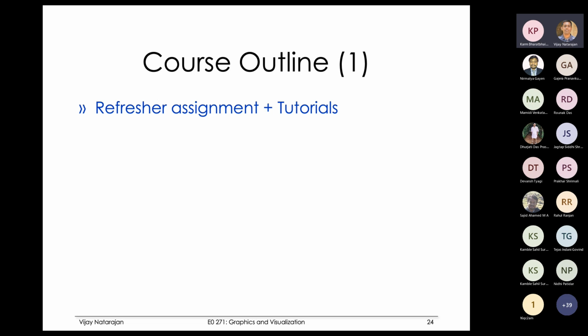In order to simultaneously cover the foundations as well as doing things, in order to learn, we will start from next week some assignments on OpenGL. These will be primarily assignments.